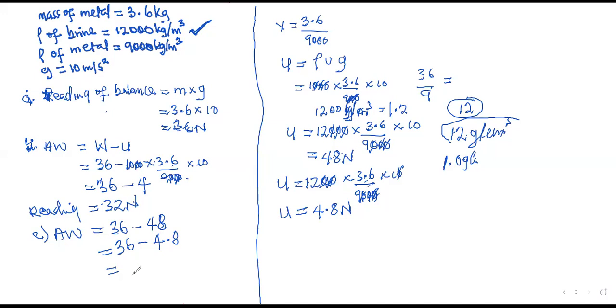And so when you subtract 4.8 from 36, that gives us the answer, which is actually 31.2 Newton. Okay. So next time, please take over the calculation.